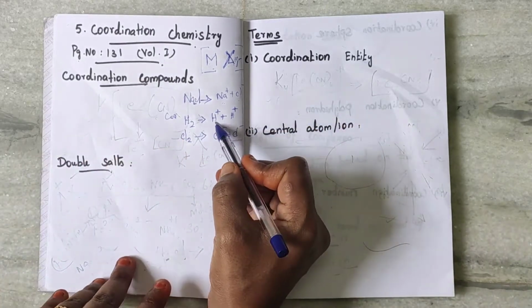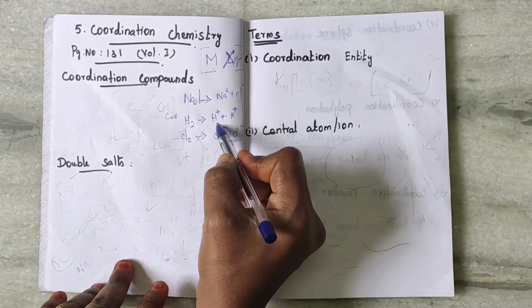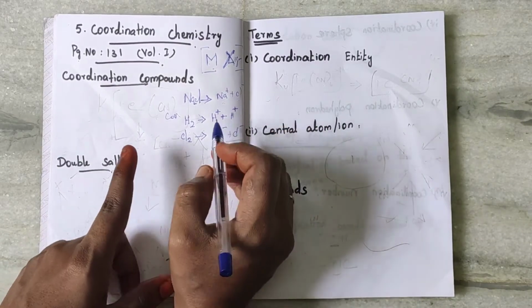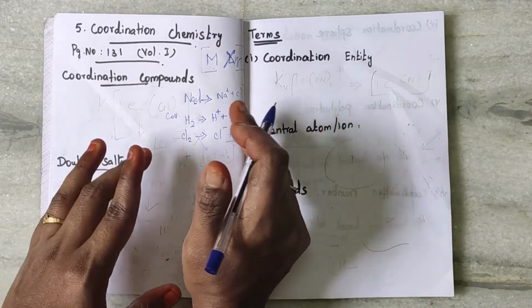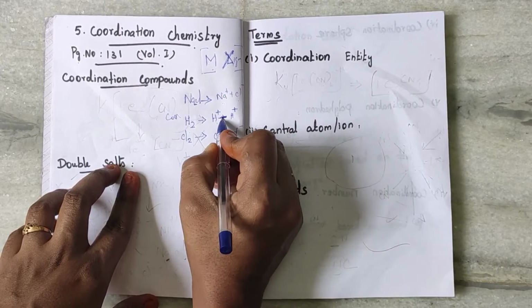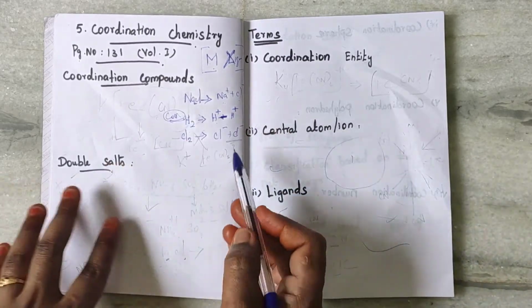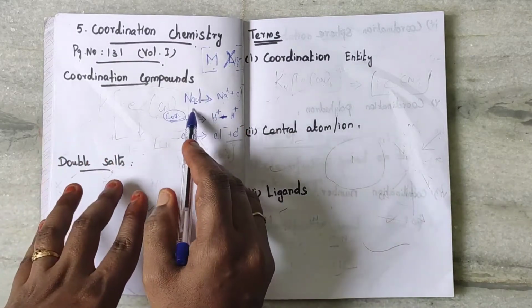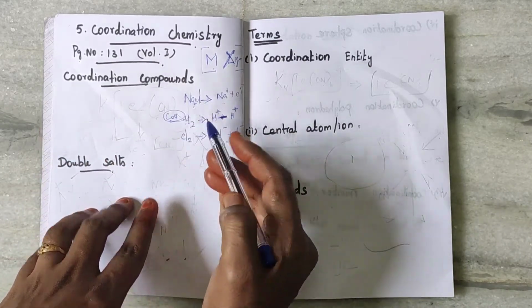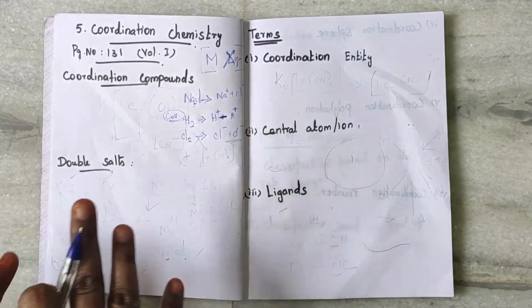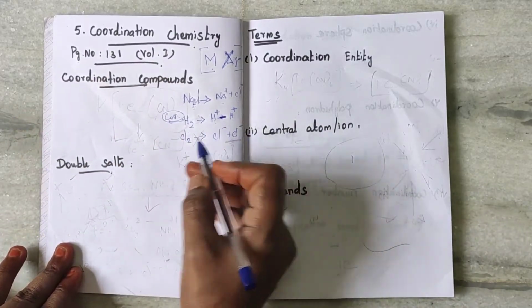So the mutual sharing between the same charged ions gives a single bond, which is called a covalent bond. So an ionic bond is formed when differently charged ions combine. A covalent bond means mutual sharing of electrons between the same charged ions.